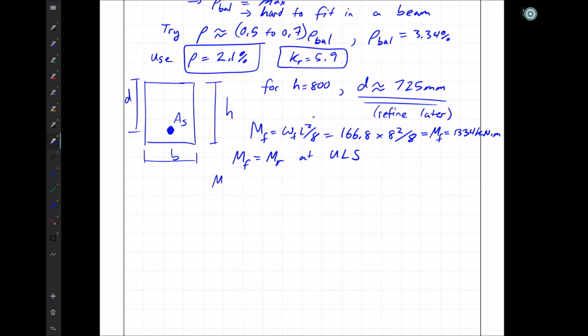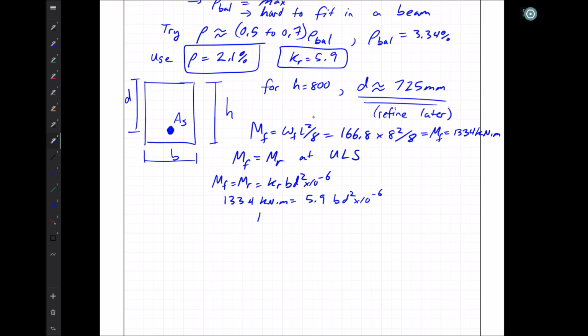We have MF is equal to MR is equal to KR BD squared times 10 to the minus 6. Plugging in some values for that, 1334 kilonewton meters is equal to Kr of 5.9 BD squared times 10 to the minus 6 as a unit conversion.